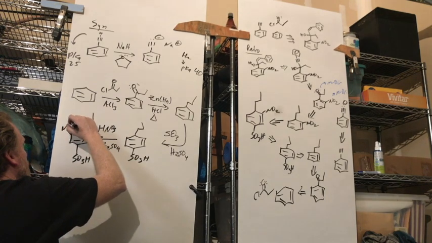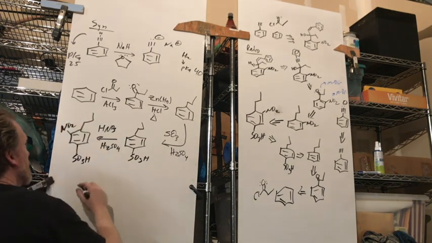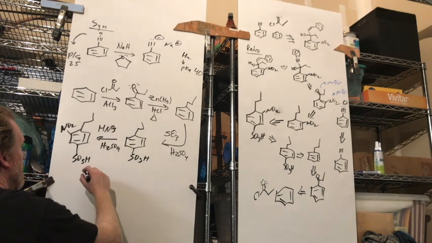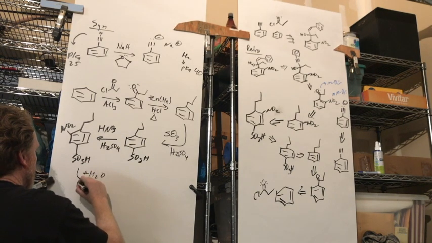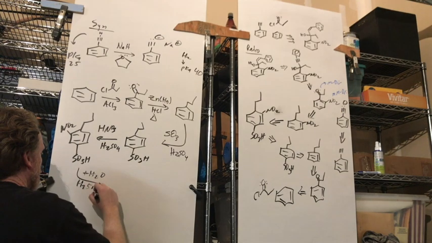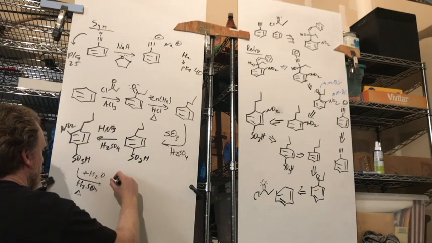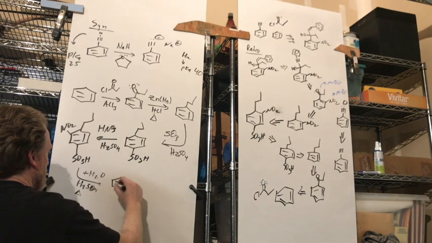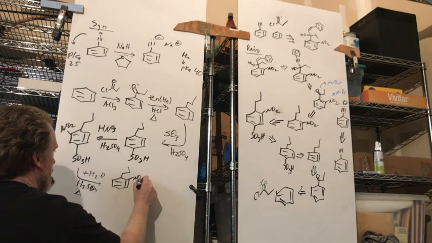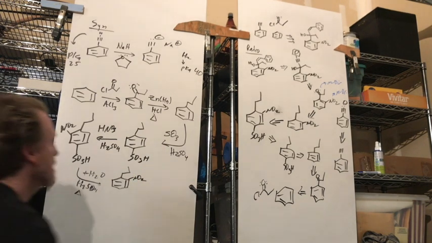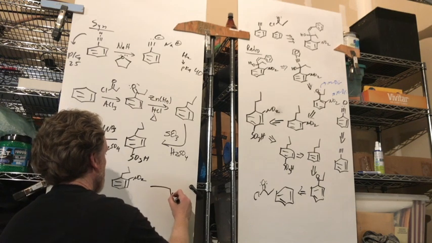I'm gonna put it over here, I hope that doesn't bother you. And then we can remove the blocking group by adding water, sulfuric acid, and heat. And now I need to get my ketone back. So how do I do that? Jones oxidation.